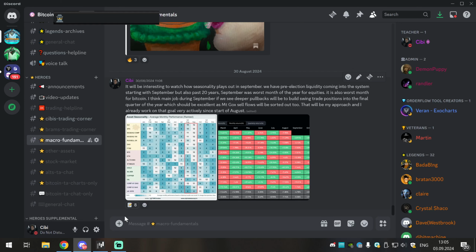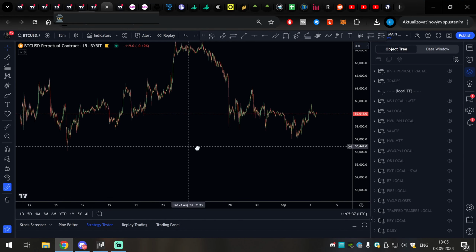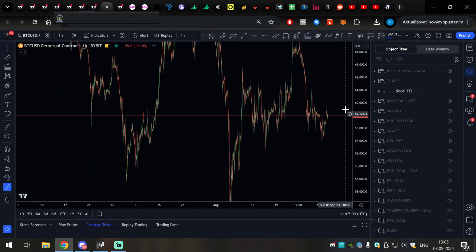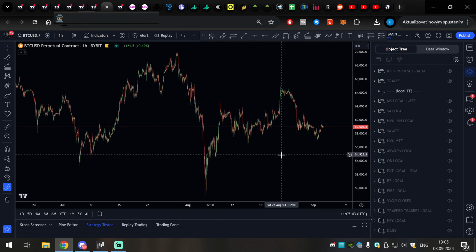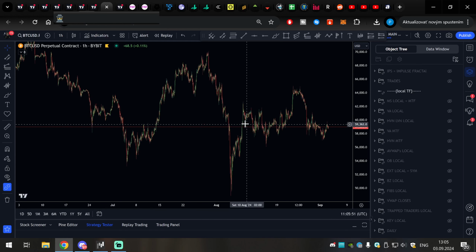One thing to mention: it's not only seasonality, there will be two critical events coming for Bitcoin and crypto, and also for the world. We have US elections. One side of the government, the Democrats, are more anti-crypto, and the Republicans are more pro-crypto. I think the market has a premium.